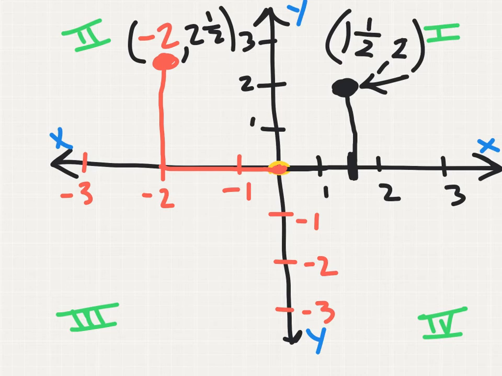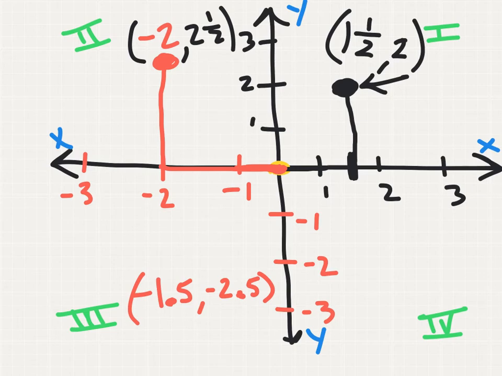And if I had the ordered pair of (-1.5, -2.5), I would start at the origin, move left to negative 1.5. Now I know here's negative 1, and negative 1.5 is halfway between negative 1 and negative 2.